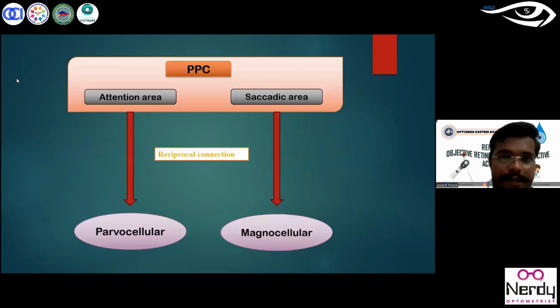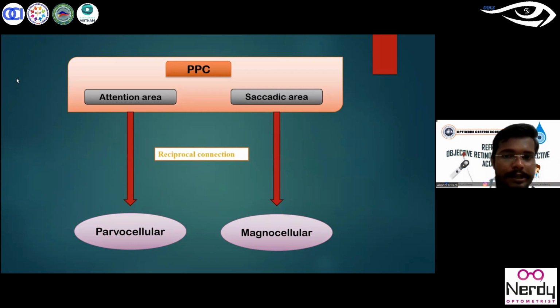Okay, because that is where the attention area is stimulated. PPC has an attention area and a secondary area, and these two areas are again interconnected. If the attention area is strongly stimulated, the secondary area is inhibited. If the secondary area is strongly stimulated, the attention area is diverted to the peripheral object of interest.